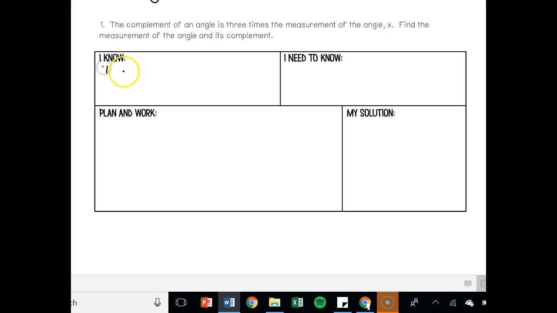So the relationship between the two angles is complementary.